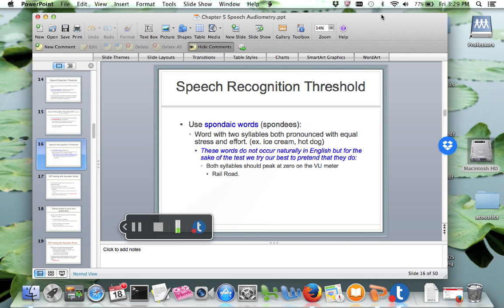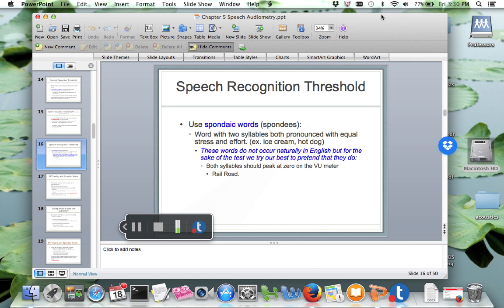They're bisyllabic words with equal stress and equal effort on both sides. So, for example, ice cream, hot dog, railroad, baseball, iceberg, airplane. Those are all bisyllabic words, equal stress on both parts.